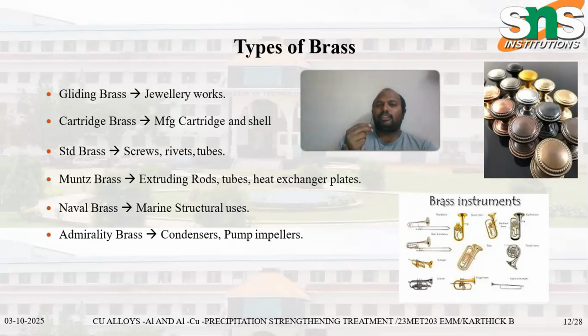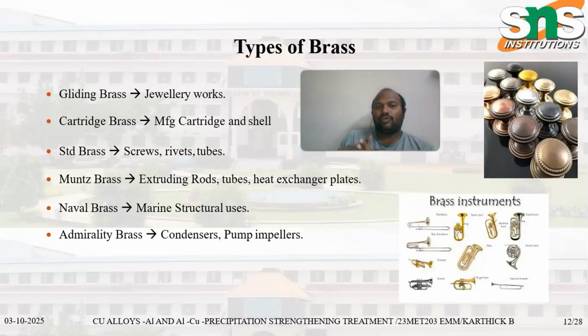The second one is cartridge brass. As the name indicates, this brass is used to manufacture cartridges and shells. Third one is STD brass, which is nothing but standard brass. These brasses are used to make screws, rivets, and tubes.